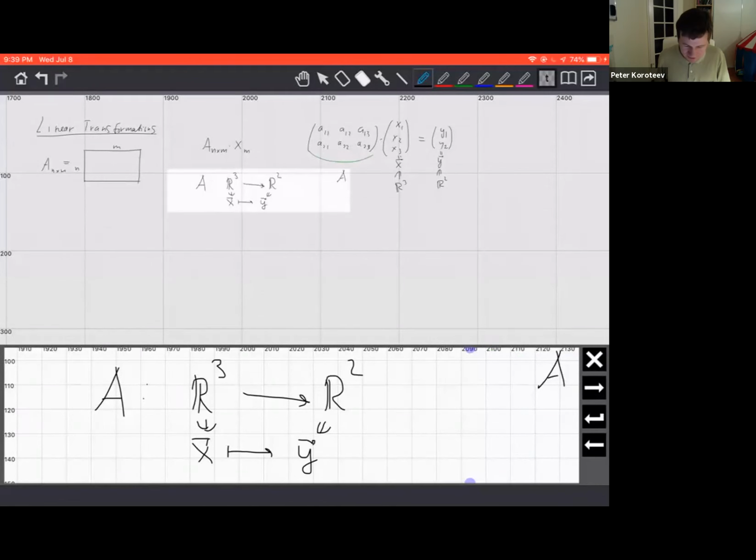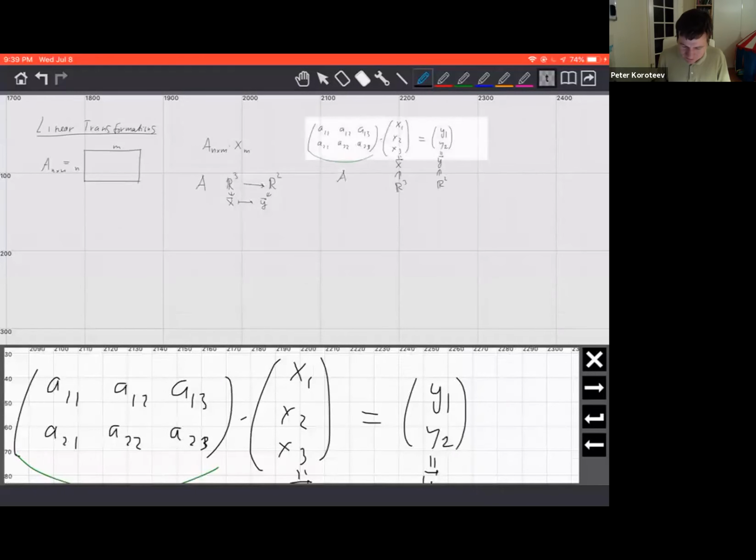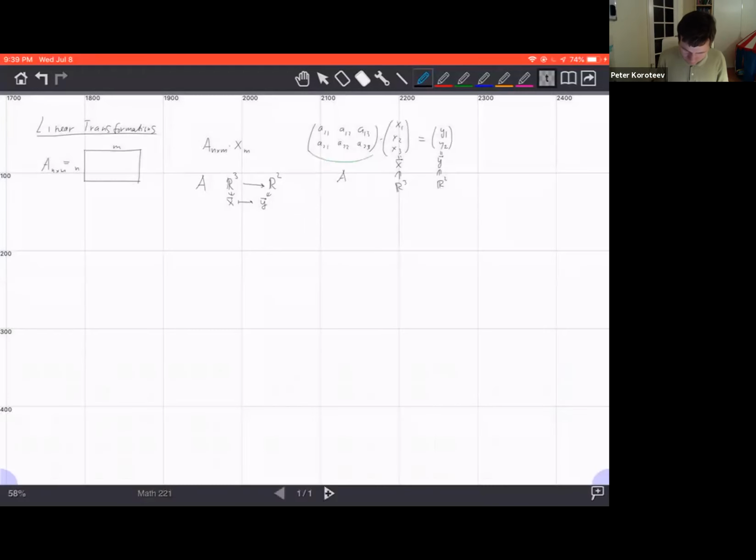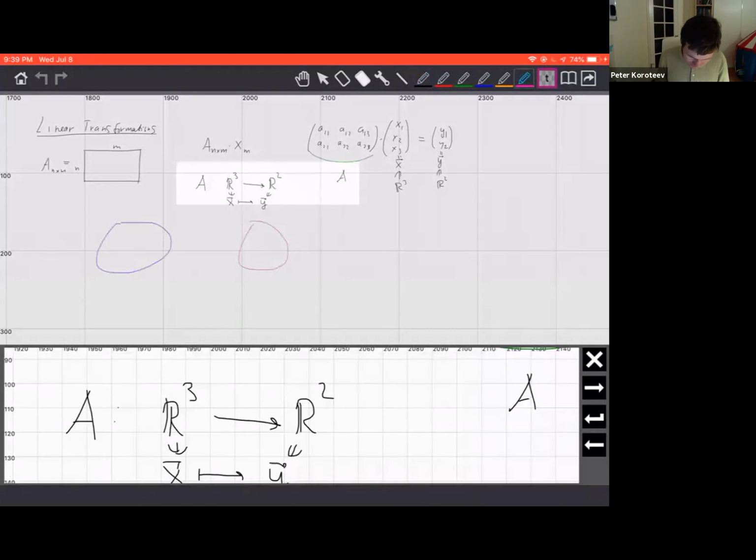So this is what the linear transformation is, right? It's linear because every operation is linear. It's a matrix multiplied by the vector. And transformation means that you had elements in one space, and after the transformation, you get elements in a different space. You can write them formally as some blobs: there's one set and another.